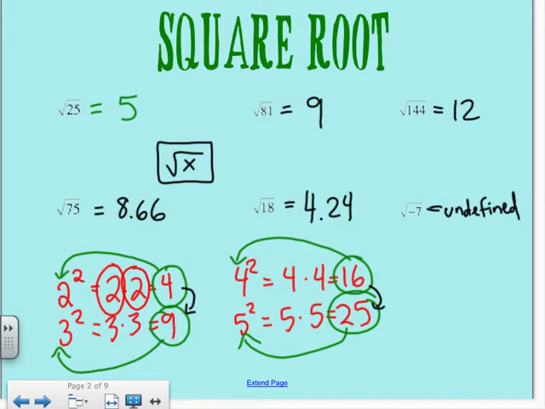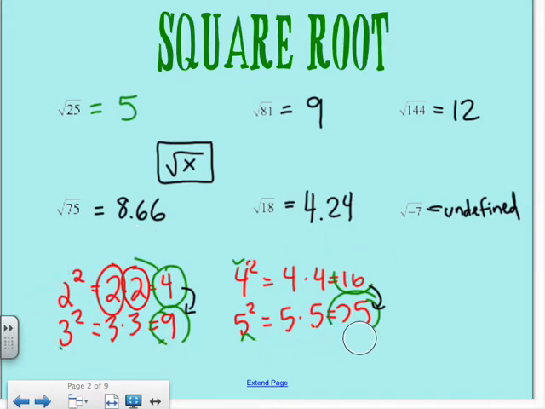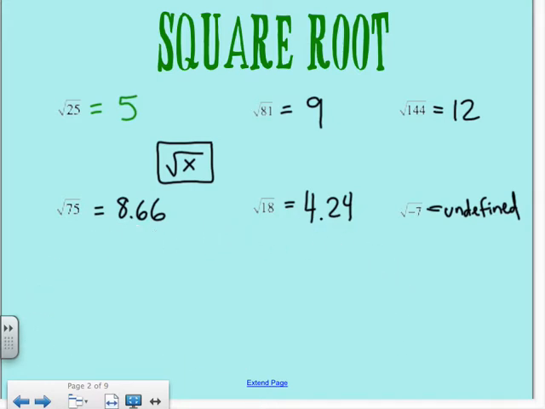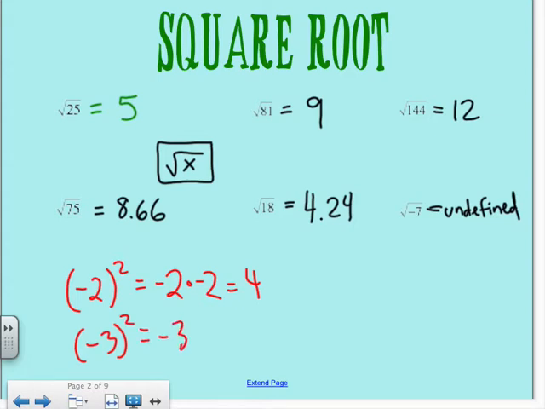So if I were to do a negative number, for example -2, and I squared it, I would do -2 times -2, which is still +4. -3 squared would be -3 times -3, which is +9. You're getting the point, right? If it's a negative number, the negatives will cancel out. If it was a positive to begin with, there were no negatives.